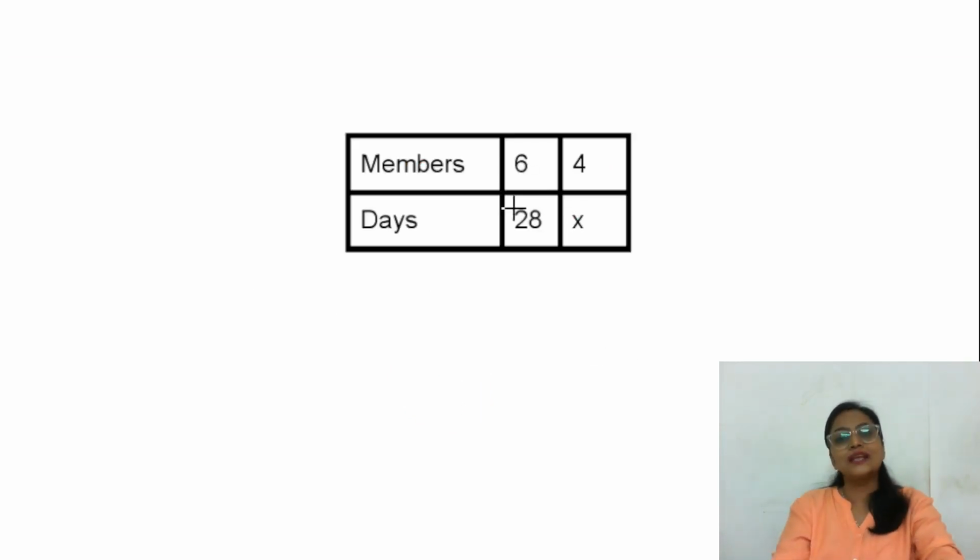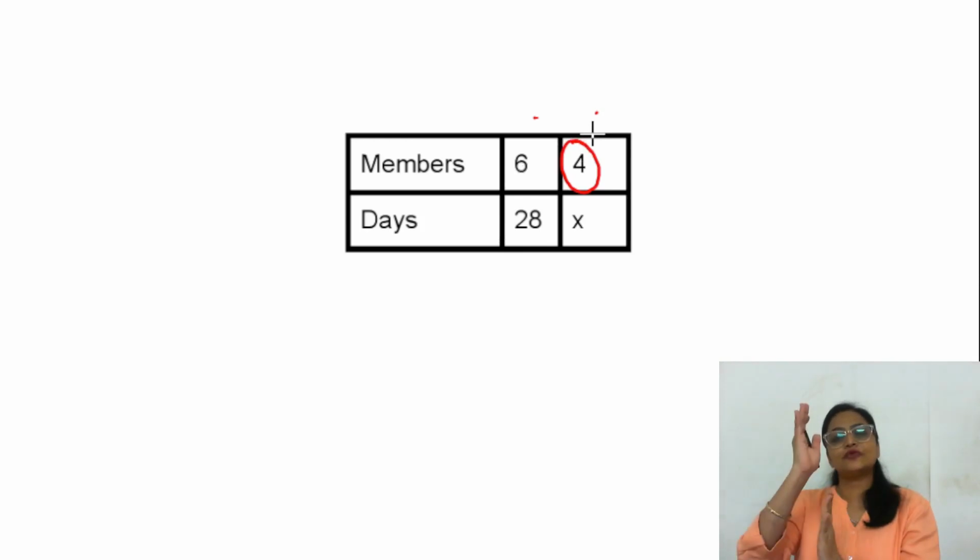To solve this, again we will make a table like this. In one row we will write members and in another we will write days, and we will make two columns like this. If members are more, the days will be less. If members are less, days will be more.